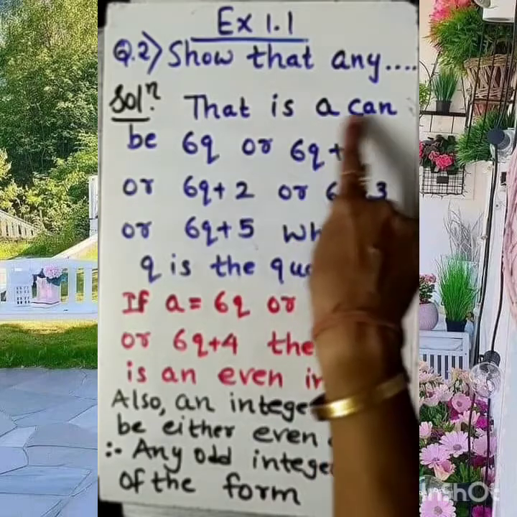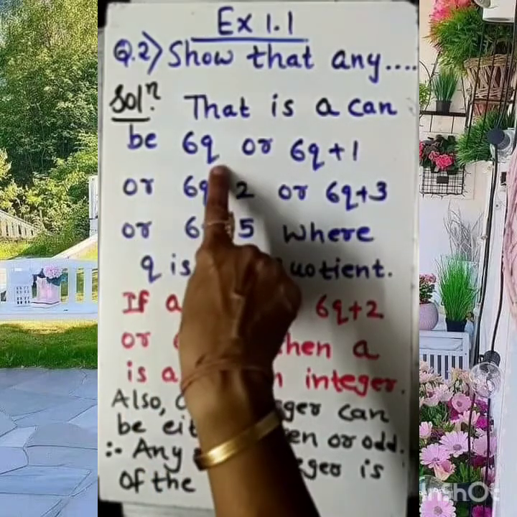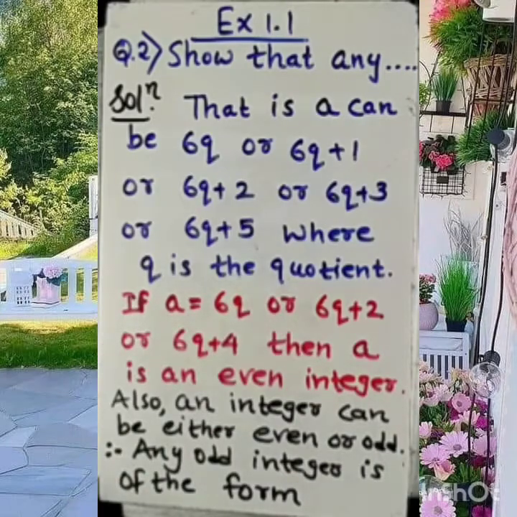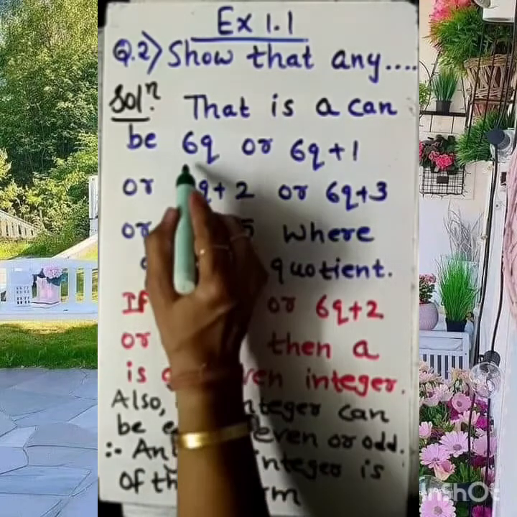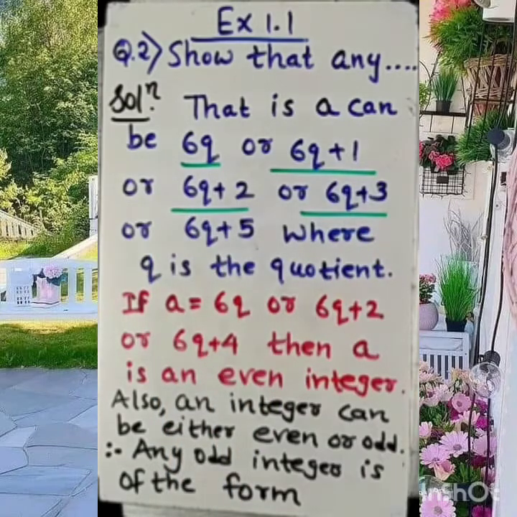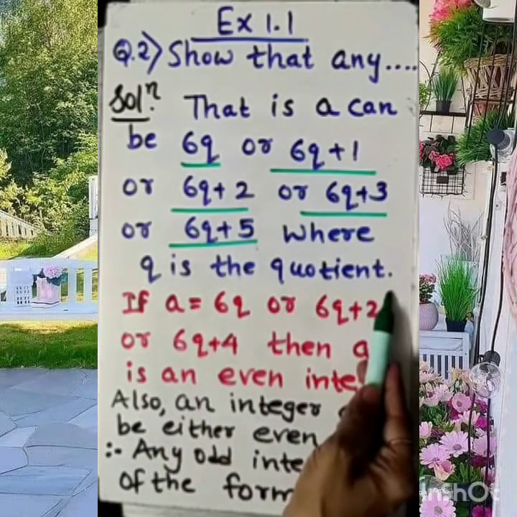Here we know the possibilities of A can be 6q or 6q plus 1 or 6q plus 2 or 6q plus 3 or 6q plus 5, where q is the quotient. We know this very well.